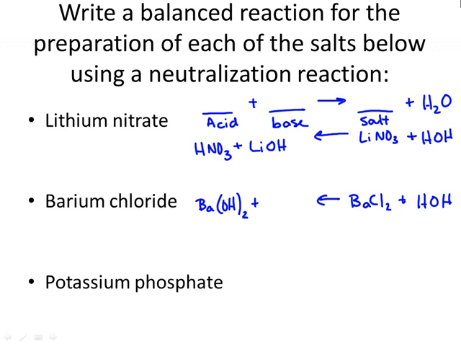And then hydrogen will pair up with the chlorine, and I'll have HCl and barium hydroxide. For potassium phosphate, I have K3PO4 as my salt. Go backwards. Should have KOH and H3PO4. Just think double replacement reaction going in reverse.